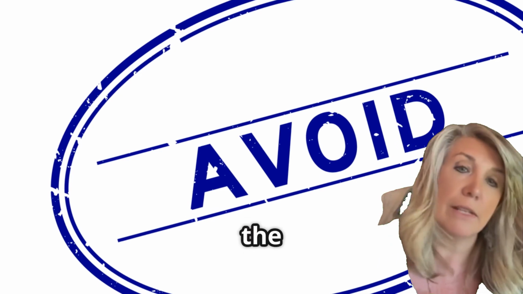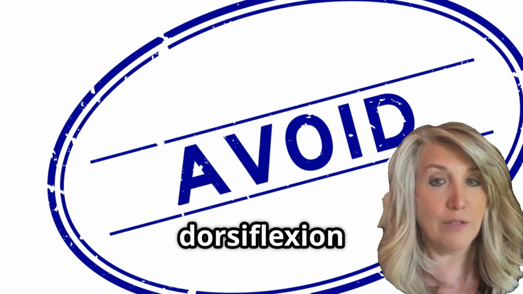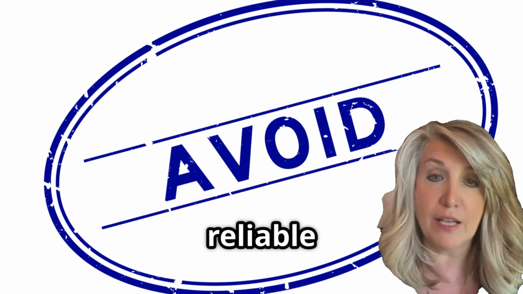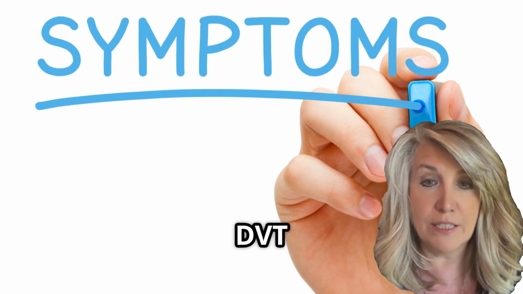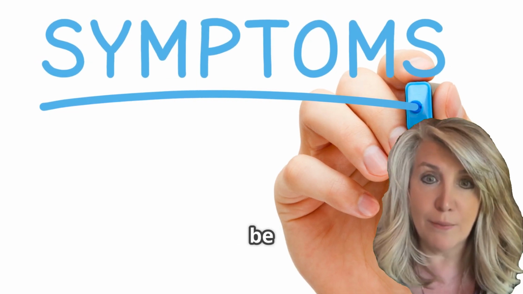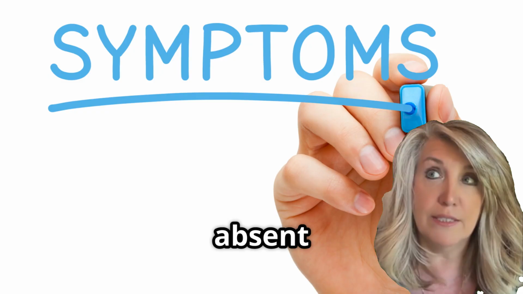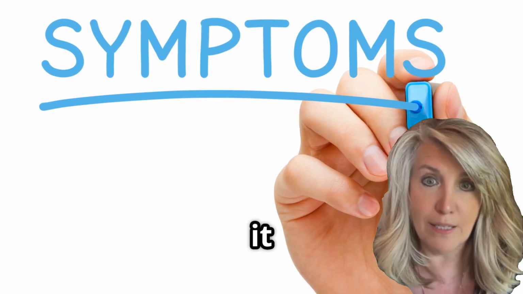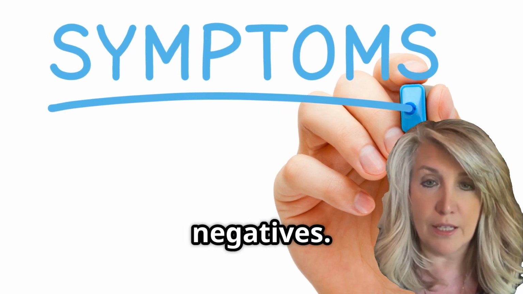It's important to note that the classic Hohmann's sign, pain in the calf upon dorsiflexion of the foot, is no longer recommended as a reliable diagnostic tool. It is not specific to DVT and can be positive in other conditions, while also being absent in many confirmed DVT cases. Relying on it can lead to both false positives and false negatives.